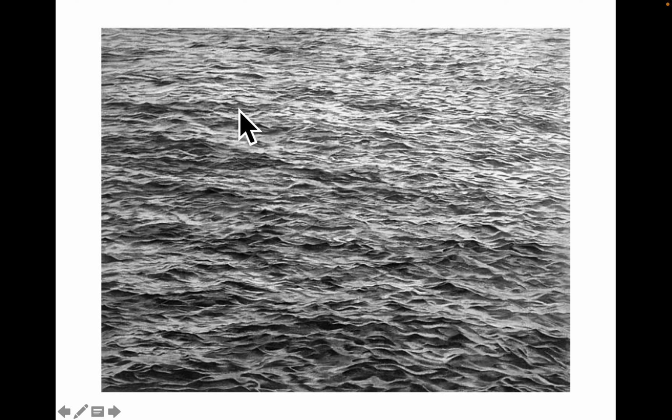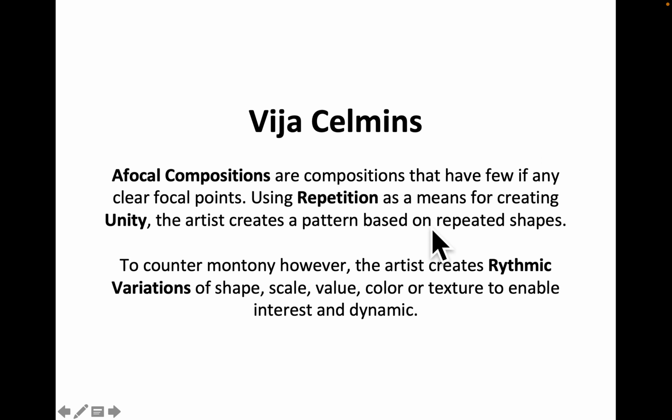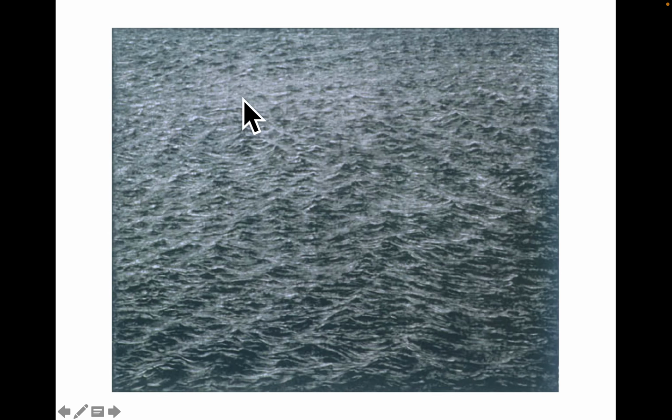All of this creates a difference between foreground and background. It's all a repetition of a form, which is the wave, but it's different over time and space. So nearer versus farther.